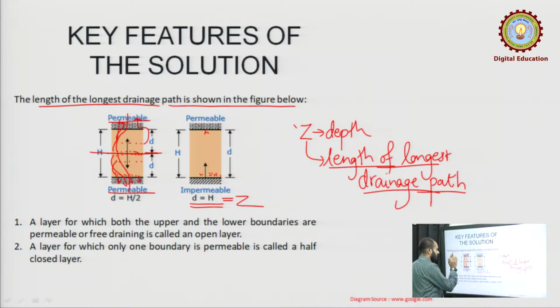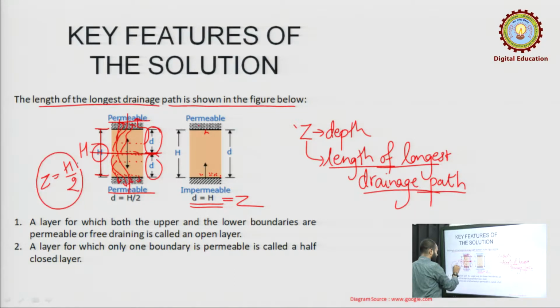So, in this case, the longest path travelled by the particle to move out will be how much? Small d, or we can say h by 2. If this whole specimen is h, then Z now becomes h by 2, which I already told you in the last slide, where we were calculating the value of CV.